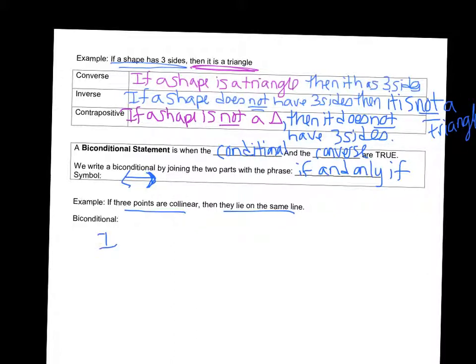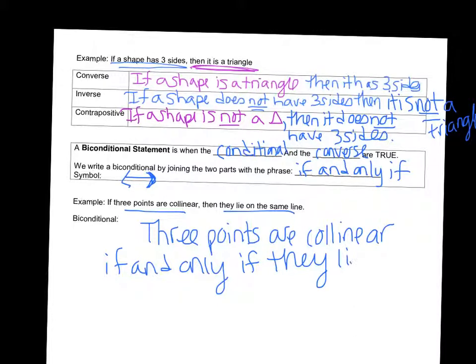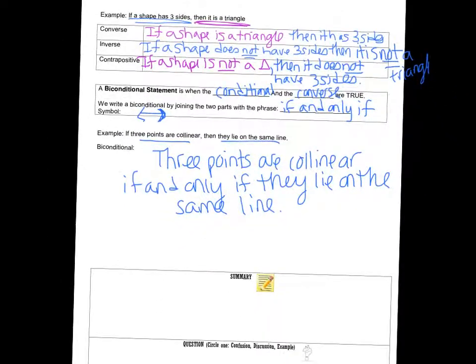So your biconditional would be 3 points are collinear if and only if they lie on the same line. So you could still use symbols as well, and we'll see that in practice in class.